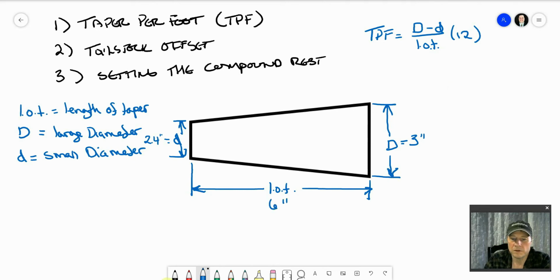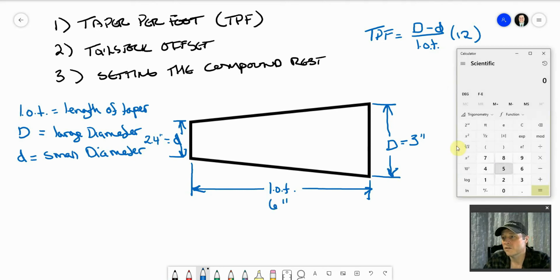Okay, so we'll just call up our calculator. So 3 inches is your large diameter, so 3 minus 2.4 equals 0.6. You're going to divide that by 6 inches. You get 0.1, and then you multiply that by 12. Now you may be wondering, why do I multiply that by 12? Well, 12 inches in a foot, right? Because you're solving taper per foot.